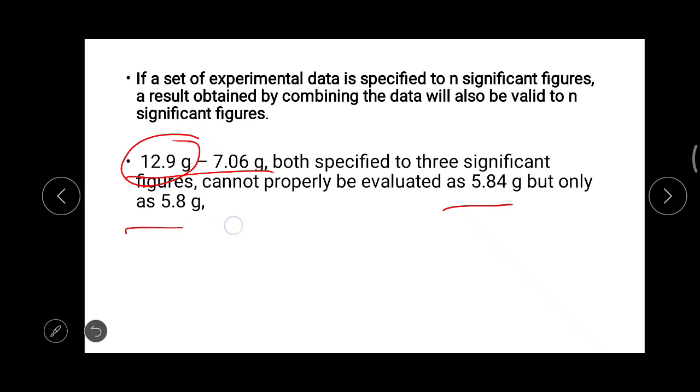So the result should also have only 1 decimal place. So we have to round off this value and we will get 5.8 as a result, where we are not following the significant figure rule. If we were following the significant figures, 5.84 is the right answer. But in subtraction and addition, we have to consider the decimal places, hence 5.8 will be the answer. Clear?